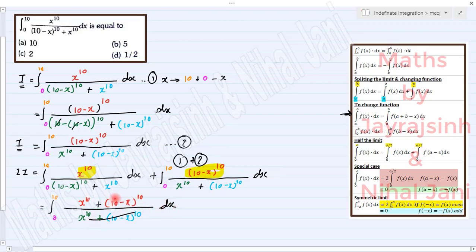So these two terms will cancel out and we just have to integrate 1, which is simply x. Limit is from 0 to 10. So we will get 2I is equal to 10, or we can say your I is simply 5, which is given in option B. Ta-da!